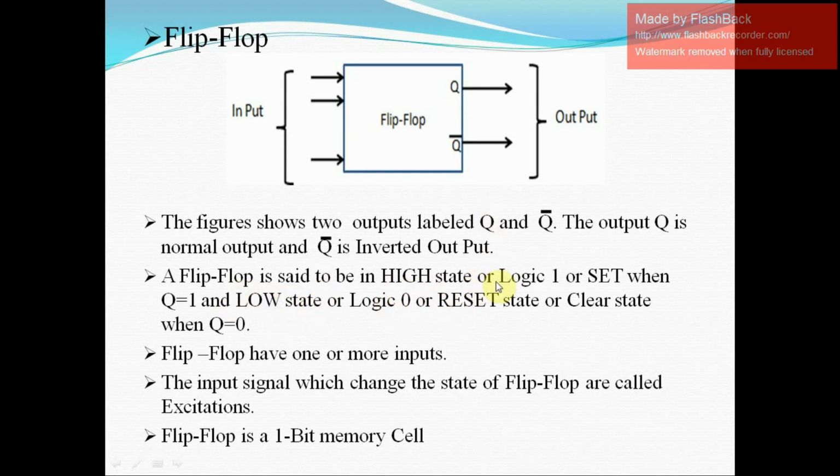The high state is for logic 1 or set, when Q is equal to 1, and the flip-flop is said to be in low state for logic 0, or reset state or clear state, when Q is equal to 0. In general, we can use any alphabets to represent the output, but formally we use Q and Q bar for the representation of the output of the flip-flops.